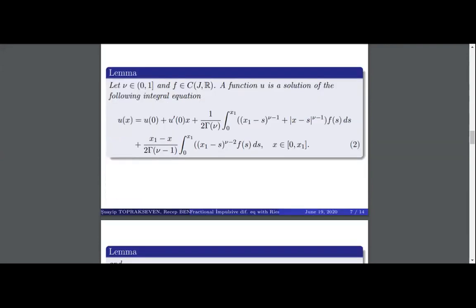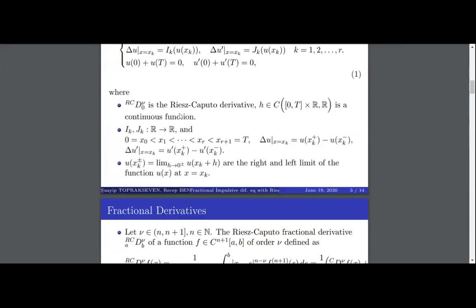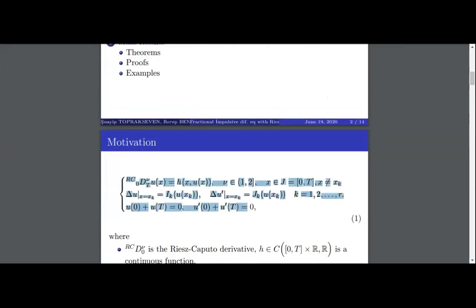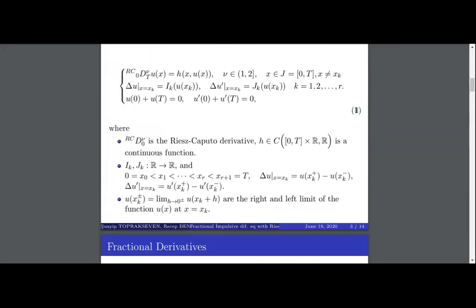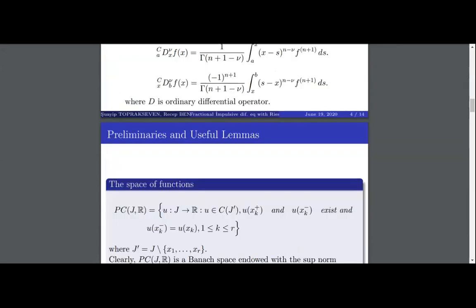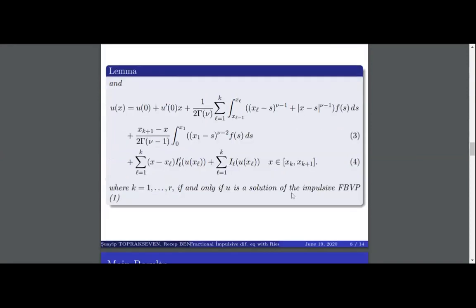Okay, the boundary value problem we are interested in is this one. We call this equation 1. Equation 1 has a solution if and only if it has an integral equation like this one. The proof is technical and a little bit long, so I skip it.